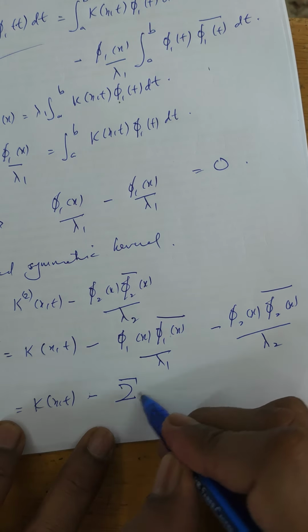If we proceed with this, we will arrive at the following possibilities. Number one, k x t is the summation over k equal to 1 to n of phi k x phi k t bar over lambda k.